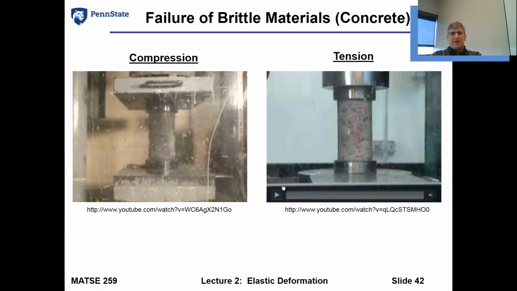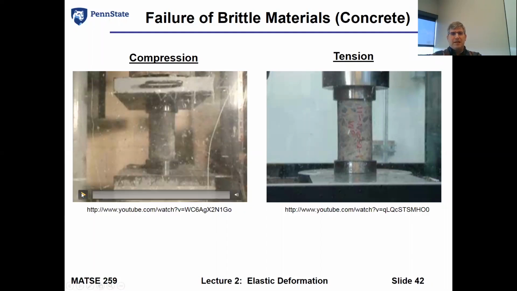Concrete is a great example of a brittle material. What we're going to see here is that concrete is typically designed to be placed in compression. If we look at most of our structures, we'll see that. In this case, we'll get an idea of what happens when you start compressing concrete.